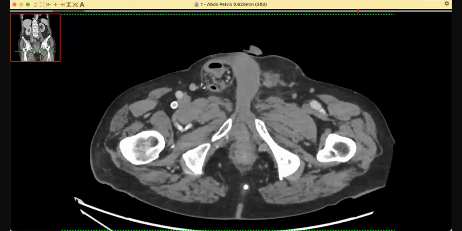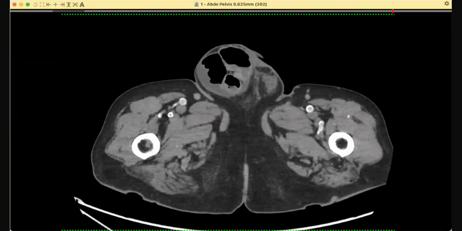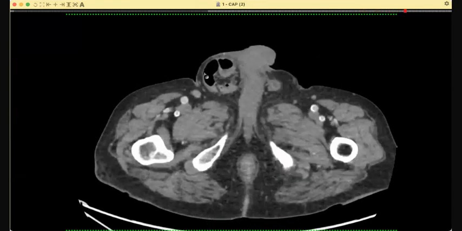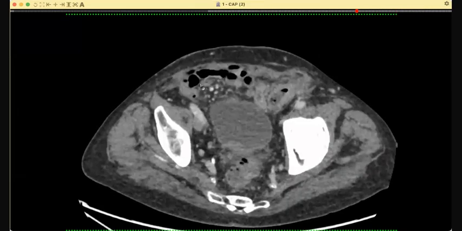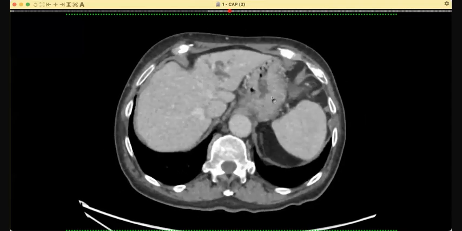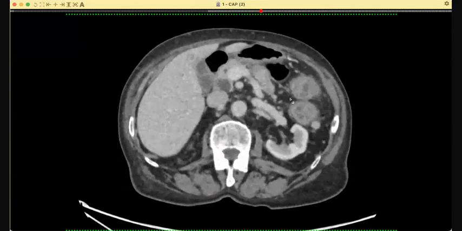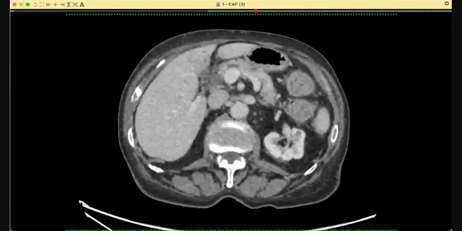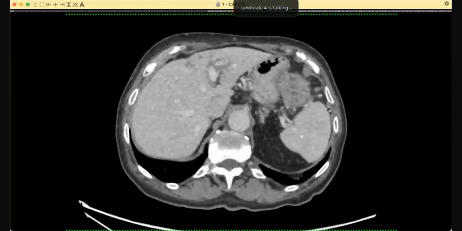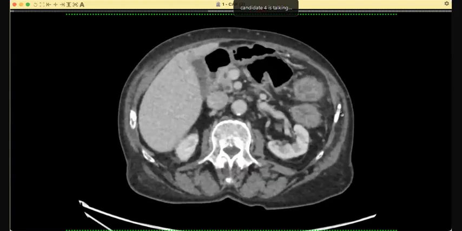Because of time factor, I'm going to show you the axial sections of the CT scan of this patient. I'm going up. Disregard the liver, etc., and the pancreas. I'm not interested there. There are findings there which are chronic. Don't worry about it. Just concentrate on the gut. These are the axial sections of post-contrast images.